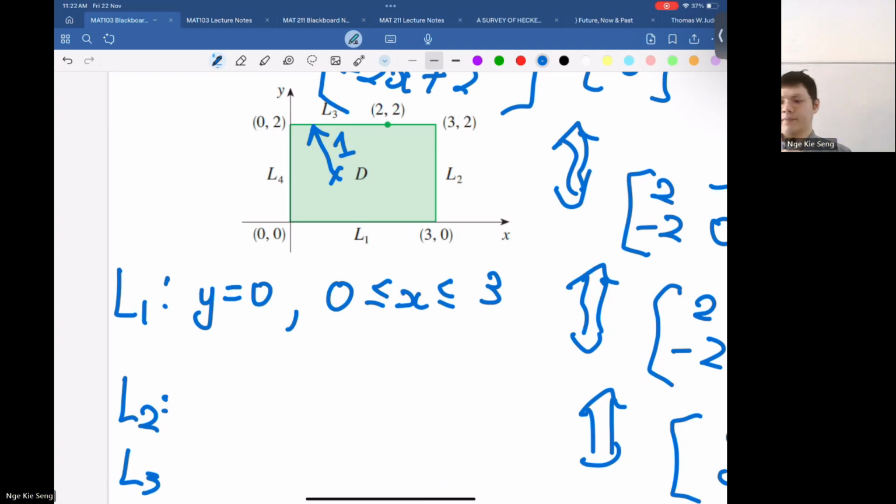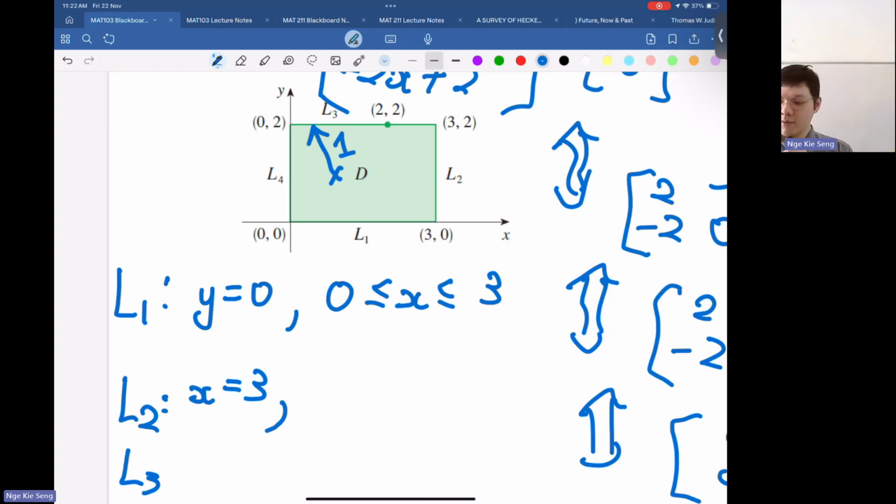L2 is a vertical line. How to form a vertical line? x equals what? 3 in this case, because the x coordinate is fixed, but I don't want the whole line, right?